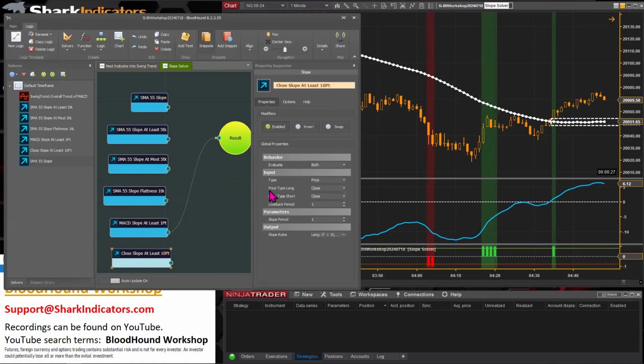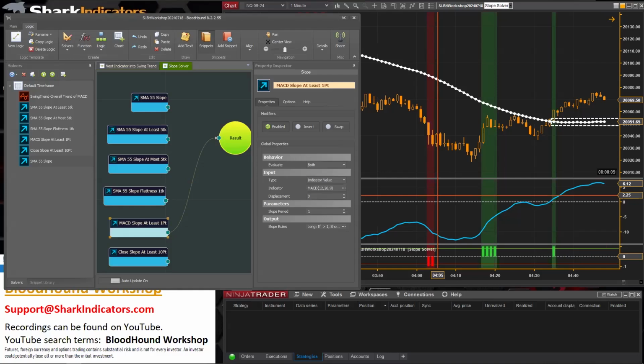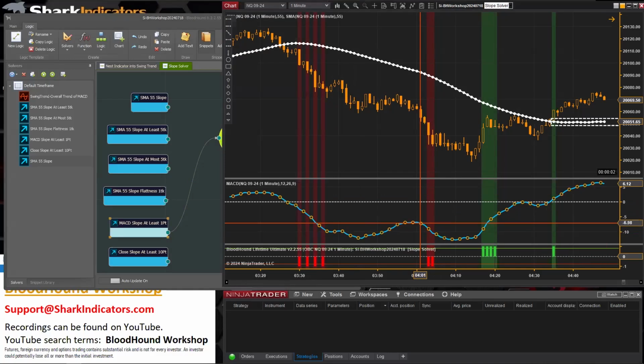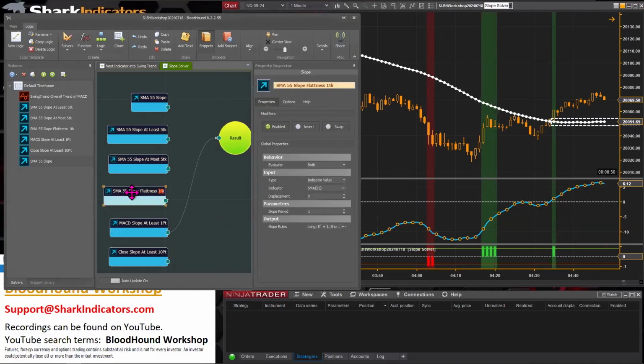On this solver the input type is set to price, so you can check whether the closing price, or whatever price you want, has moved a certain amount, or the MACD, or any other indicator. You can check the slope of any indicator out there, as long as it's plotting something that can be read. If you have any other questions, let me know.